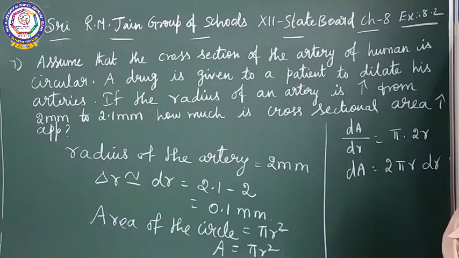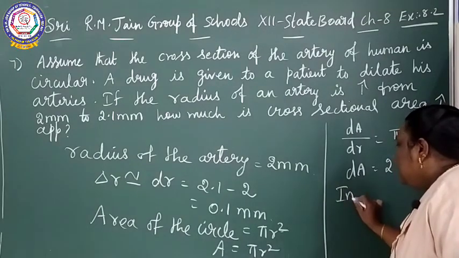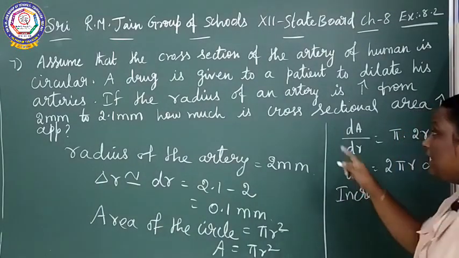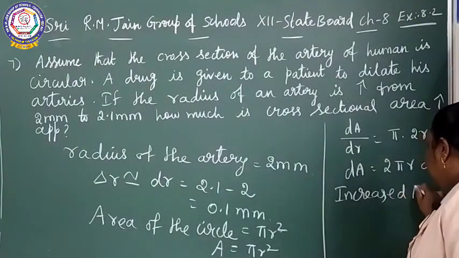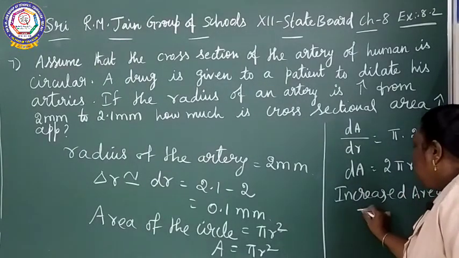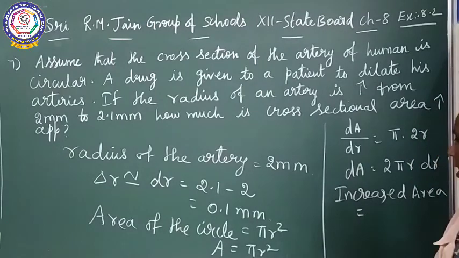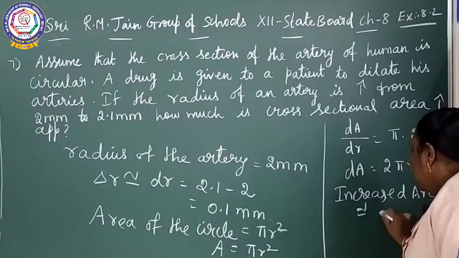So increased area. We are asking about the increased cross section area, and the increased area you can usually write as approximately dA.